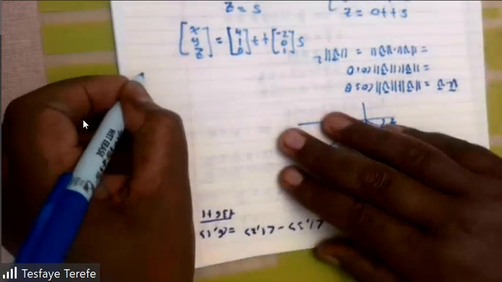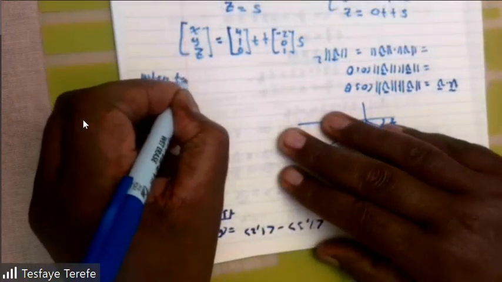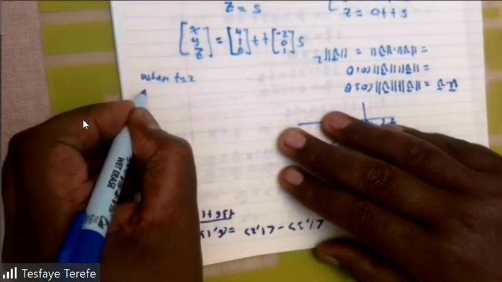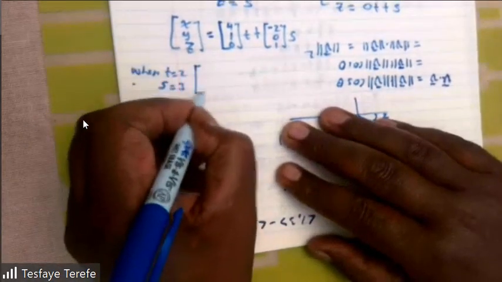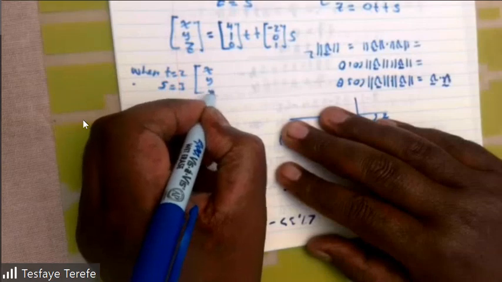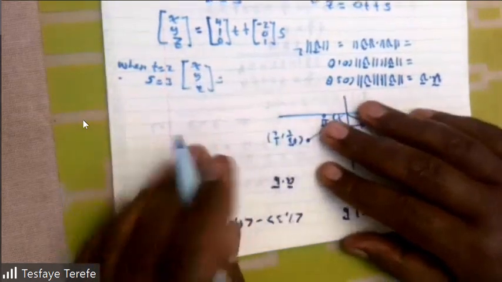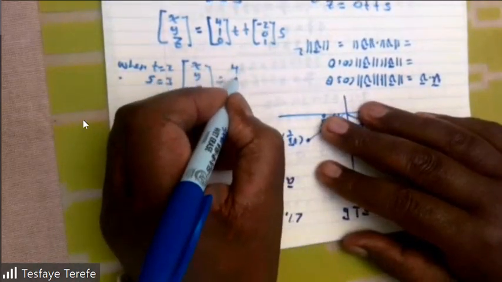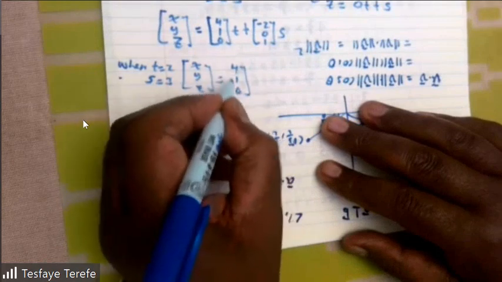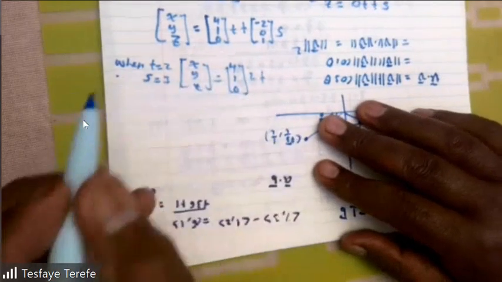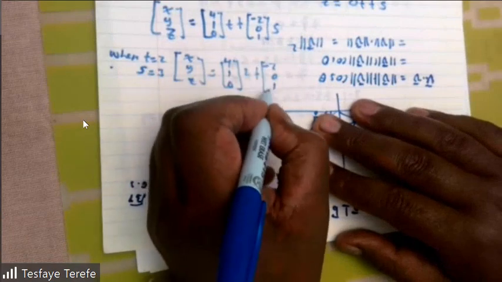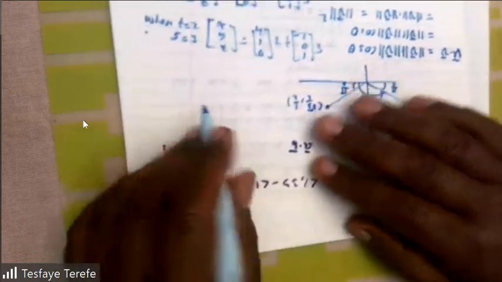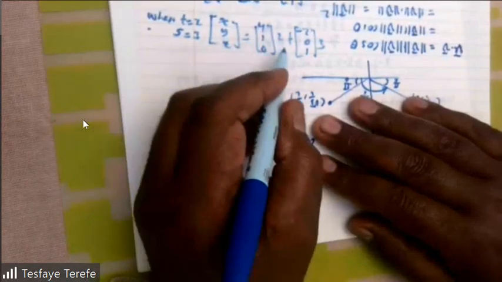For example, when t is equal to 2 and s is equal to 3, I might have x, y, and z as a vector: (4, 1, 0) multiplied by 2 plus (negative 2, 0, 1) multiplied by 3. And as a result, what do I have?